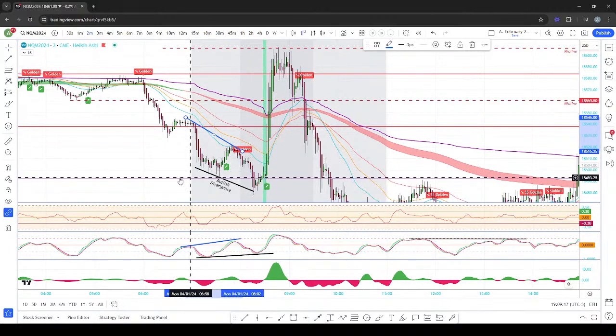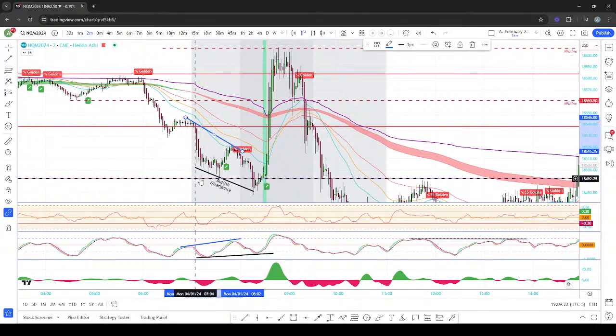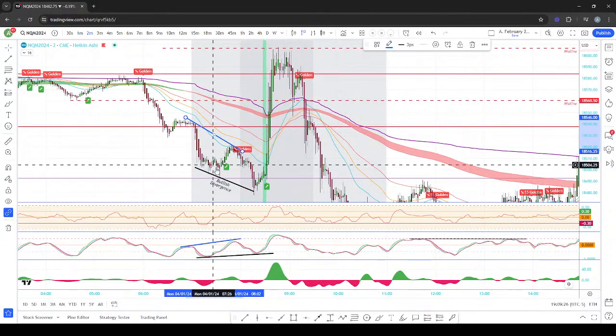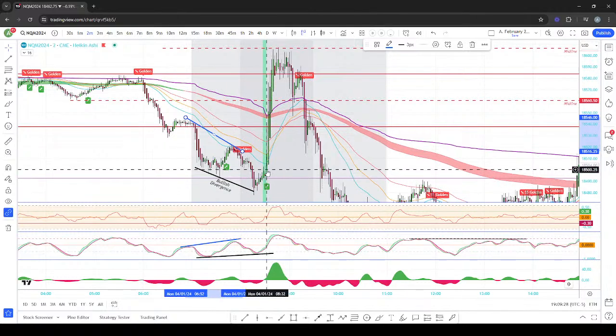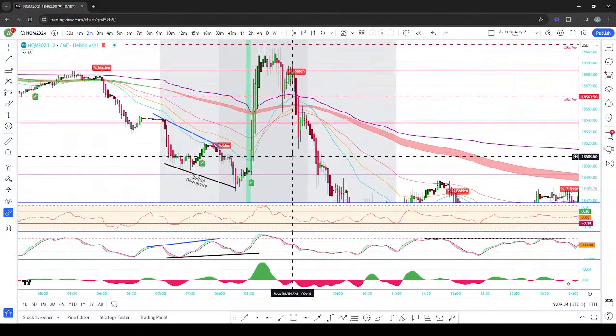And then right here, this purple horizontal, that's the main pivot point. So it's really nice because you're at the pivot, and then what do I see here? Once you see your next signal, it's another bullish divergence right here.